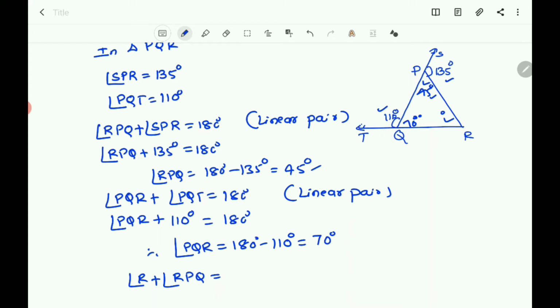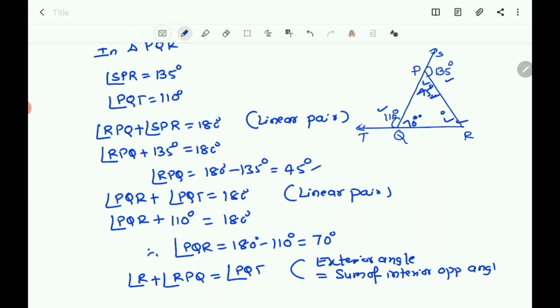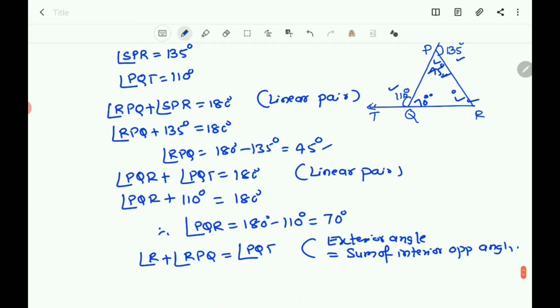Here angle R means this angle, RPQ means this angle. These are the interior opposite angles of the triangle. Angle PQT, that is the exterior angle, equals what? Sum of interior opposite angles. So here angle R plus angle RPQ.